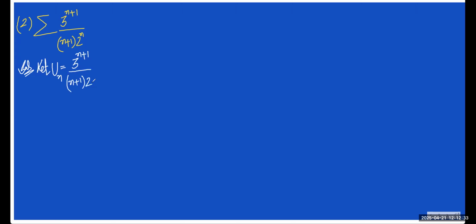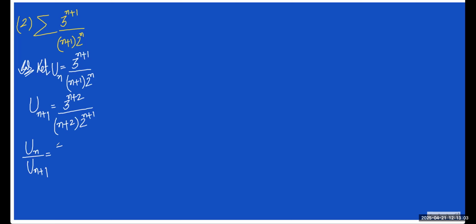Can you tell me how we obtain the un plus 1 value from un? 3 to the power of n plus 2 divided by n plus 2 into 2 to the power of n plus 1. Is that okay? Next step is un by un plus 1, let me simplify this.